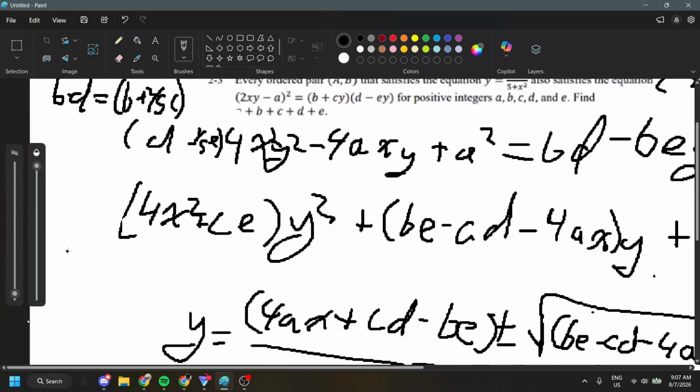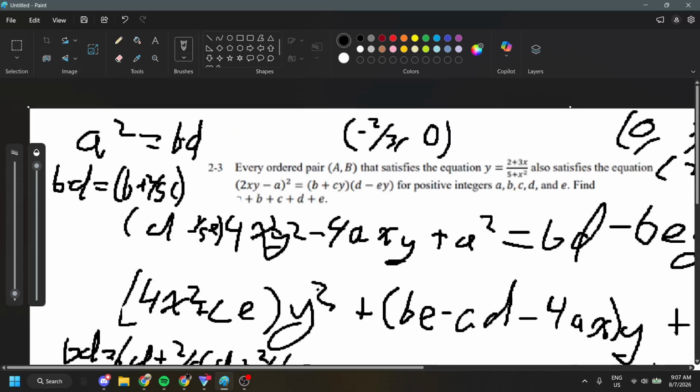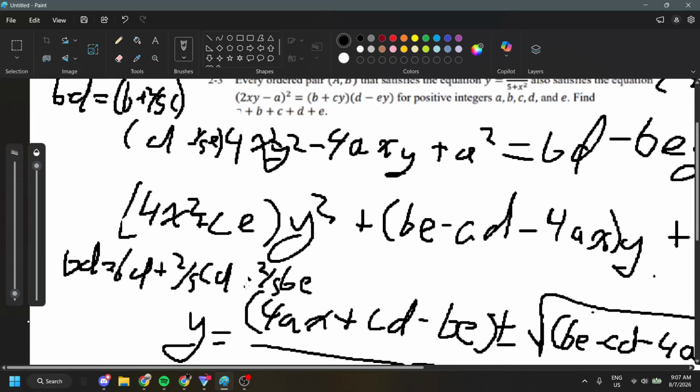So here we get bd is equal to bd plus 2/5 cd plus 2/5 be, or minus 2/5 be, and then we do minus 4/25 ce.